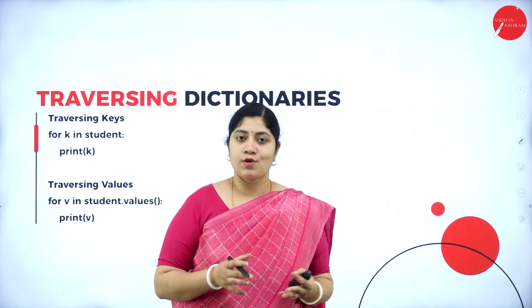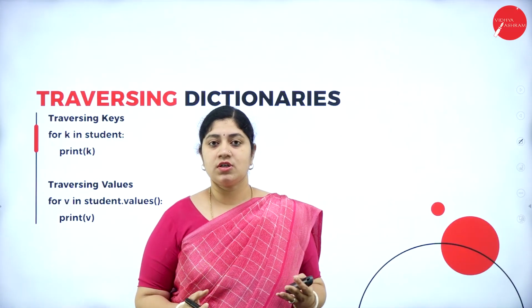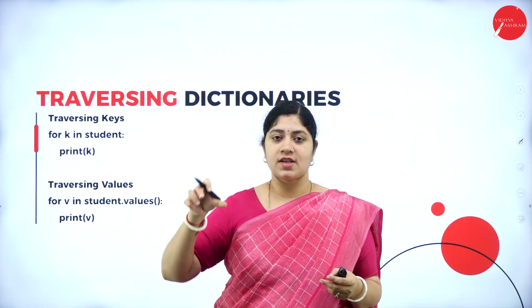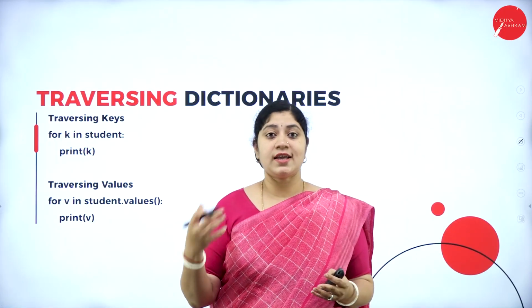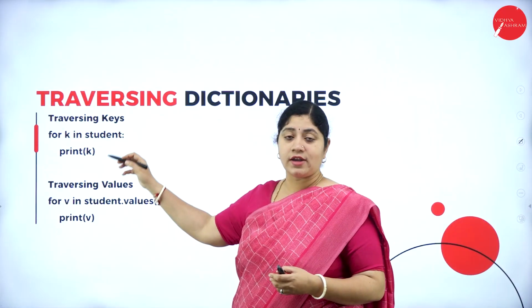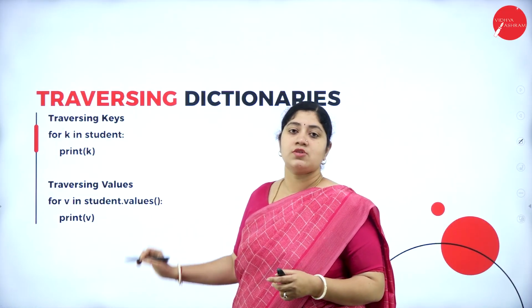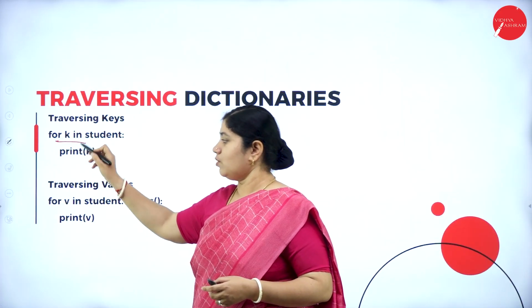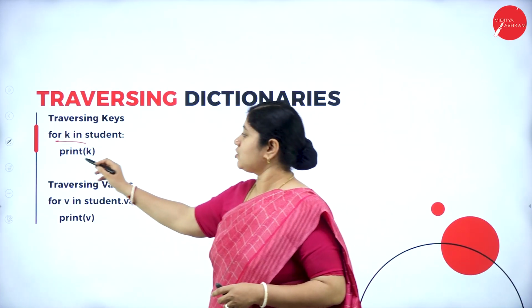Now let's understand what traversing a dictionary is. Traversing a dictionary means the process of accessing the elements inside it one by one. Over here we can see that we can traverse keys as well as values. As an example, we are utilizing a for loop, followed by print of k.